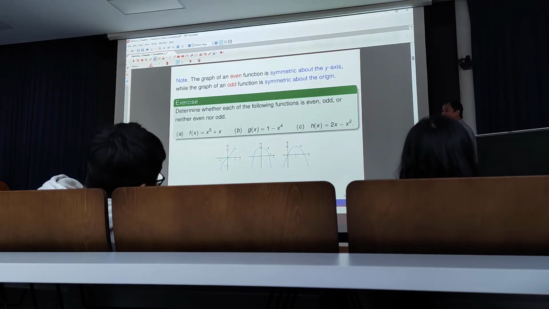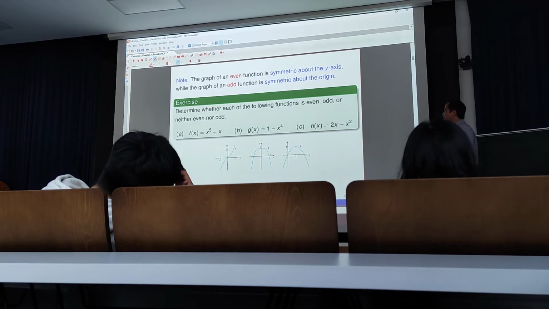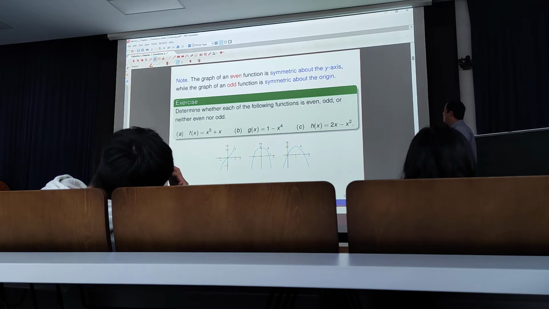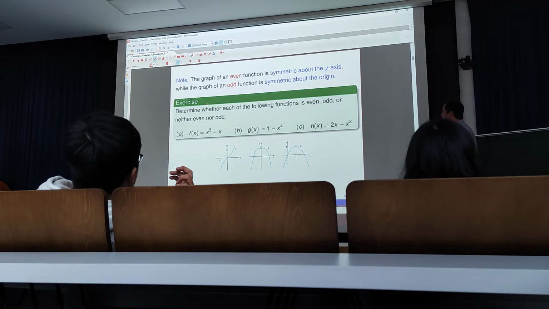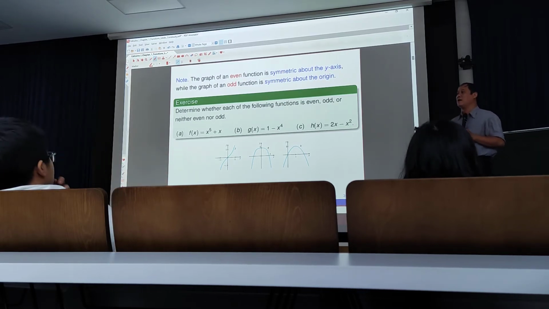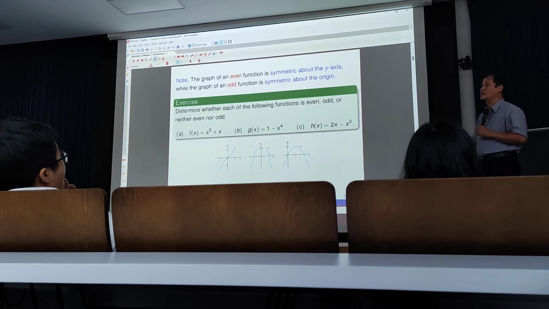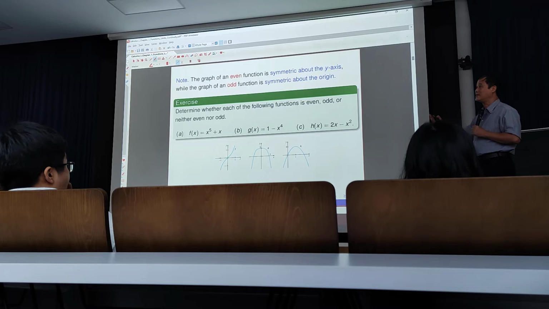Next, exercise. Do it by yourself. Three functions. Each of the functions may be even, odd, or neither. Usually you have the English construction, the phrase either, or.